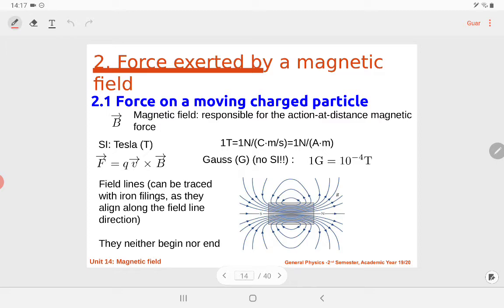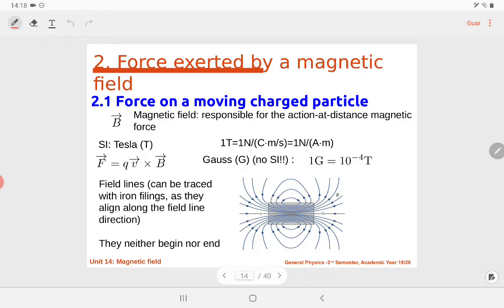These have similarities and differences to the field lines of an electric field. If you remember, electric field lines begin in the positive charges and end in the negative charges. This is not the case here, because the field lines of the magnetic field neither begin nor end.